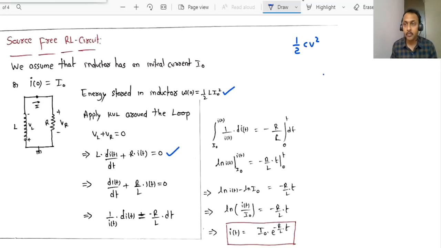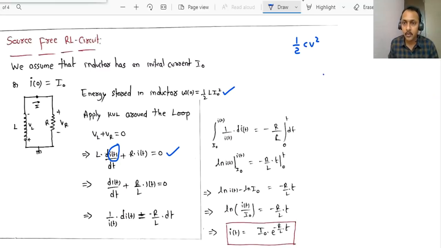Now our major focus is to solve this first order differential equation. Our target is to find the solution. What will be the value of this i(t)?